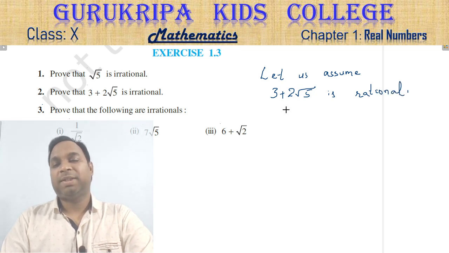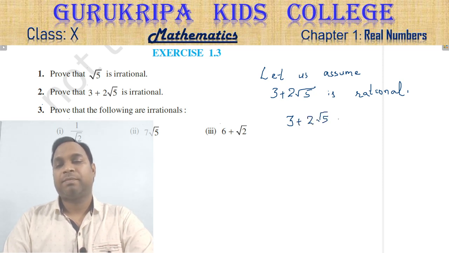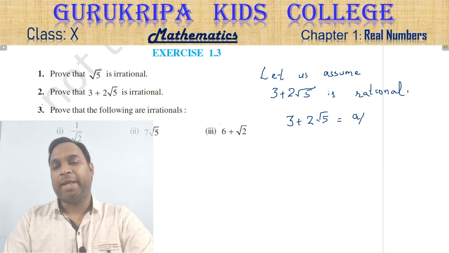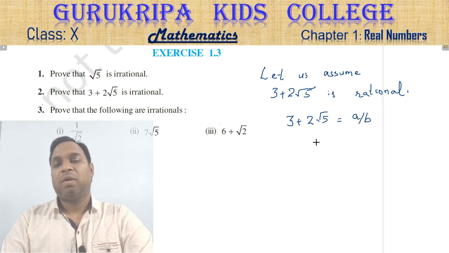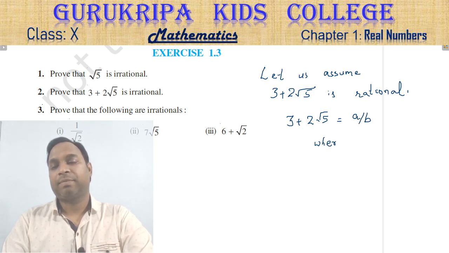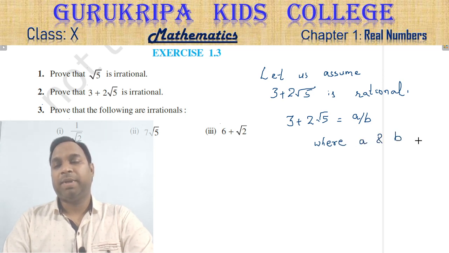When we have assumed it to be rational, we can write 3 plus 2 square root 5 is equal to a upon b, where a and b are co-primes, isn't it?